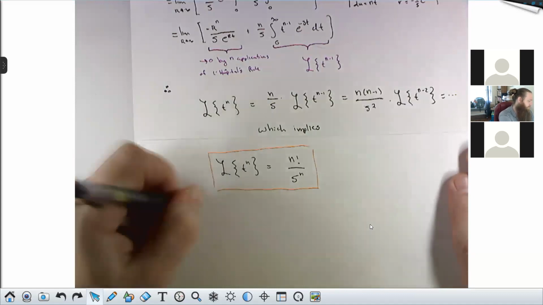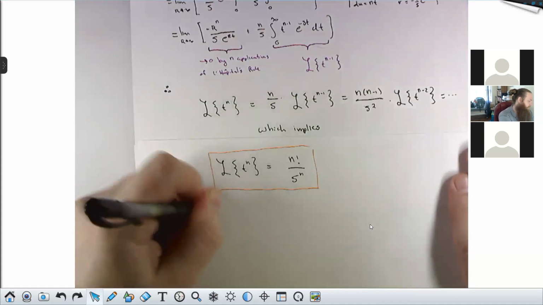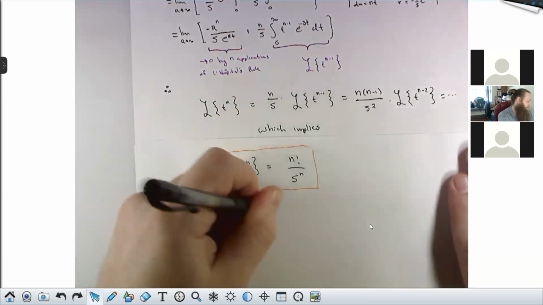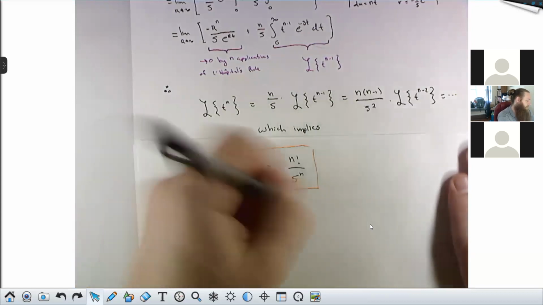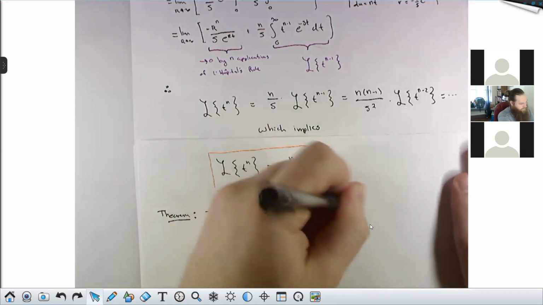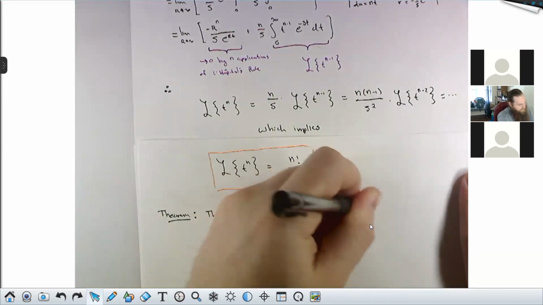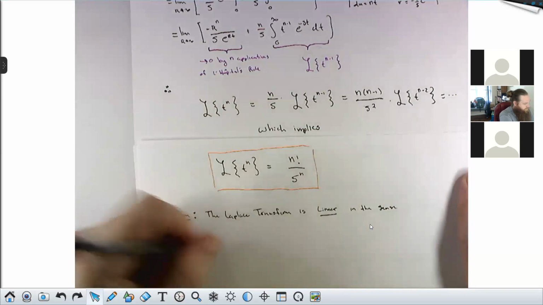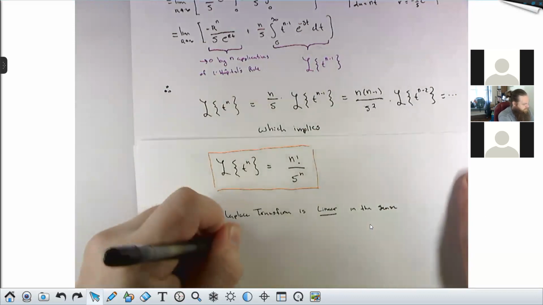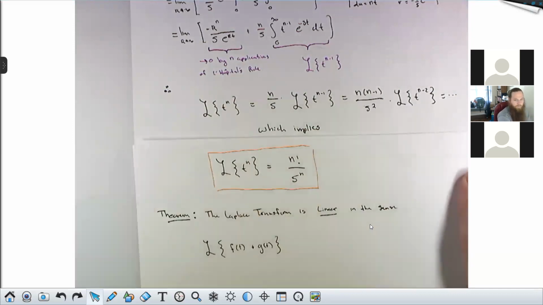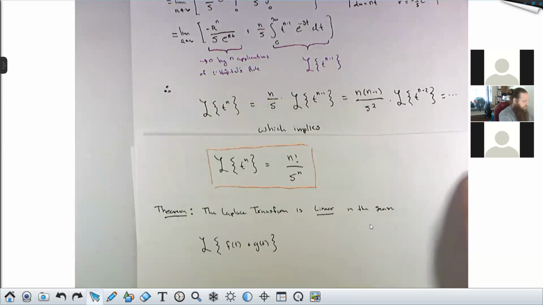This is a big deal. The Laplace transform is linear in the sense that if I want to transform a sum of two functions, it's the sum of the transforms.